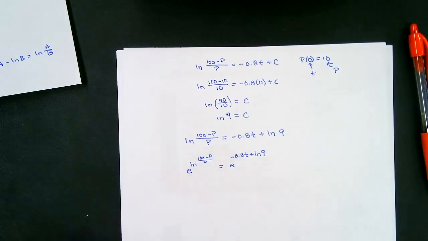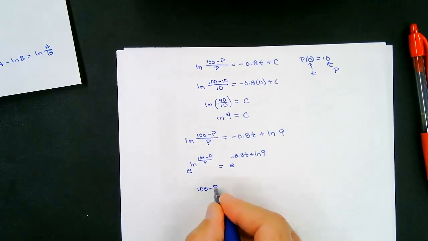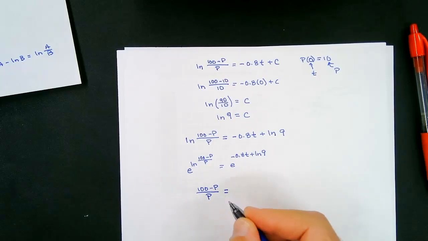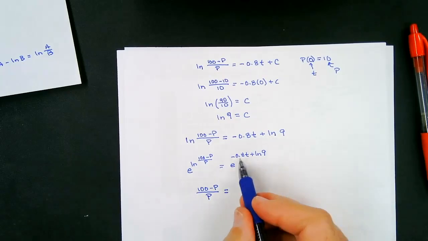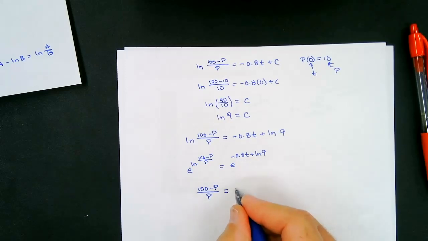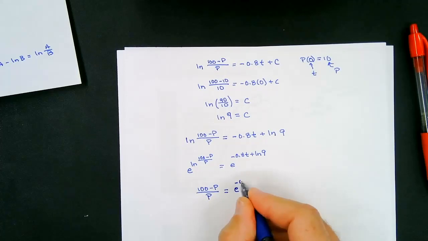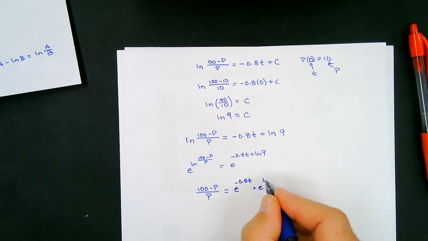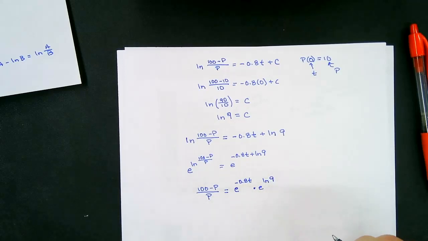And so we're left with (100 minus p) over p is equal to, and because I'm adding these and they're exponents, that means I could rewrite this as a product. This would be e to the negative 0.8 t times e to the ln of 9.